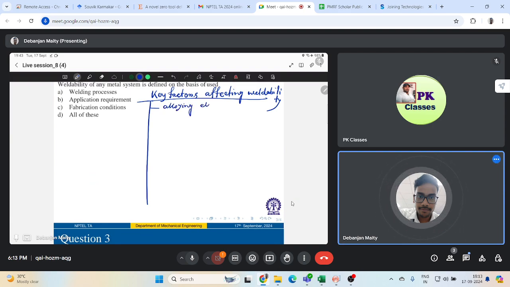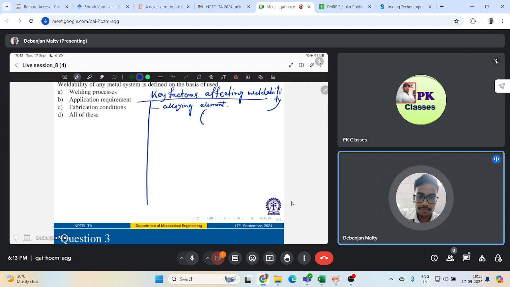Let's say you are alloying different compositions or different metals, elements like chromium or nickel or molybdenum. These kinds of elements can affect your weldability.